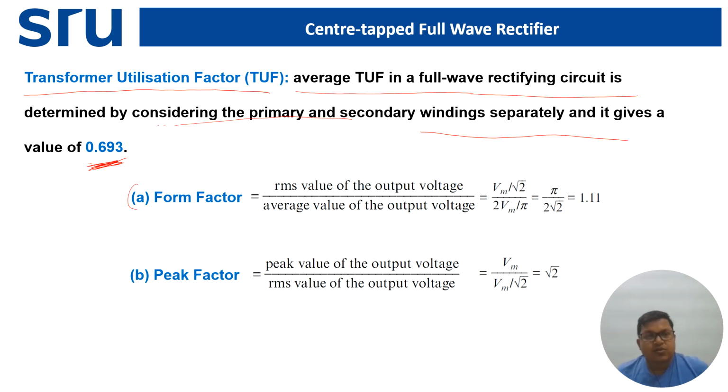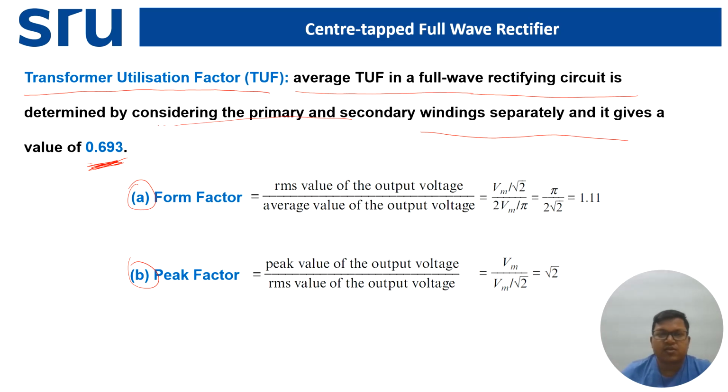In this case we will see two factors. One is the form factor. What is the form factor? It is basically the ratio of the RMS value of the output voltage and the average value of the output voltage. Both are output voltage, but one is the RMS value and the other is the average value, and as you know, both are not similar.